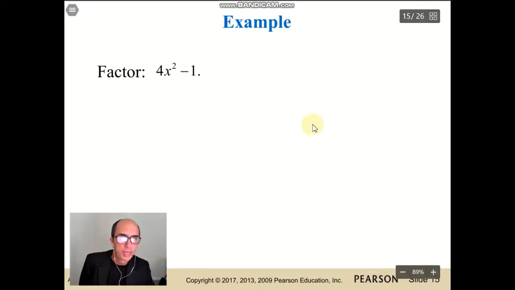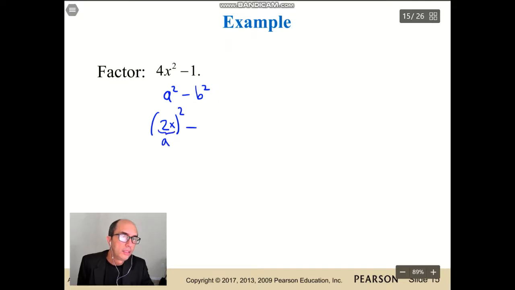Another example we have here now, 4x squared minus 1. Factor 4x squared minus 1. And let's compare with a squared minus b squared. So a squared is 4x squared, a is 2x, right? And b is 1 squared.